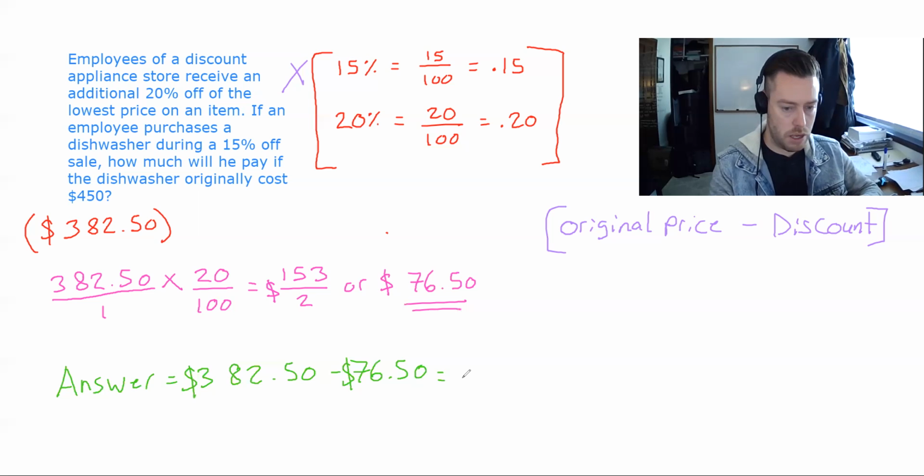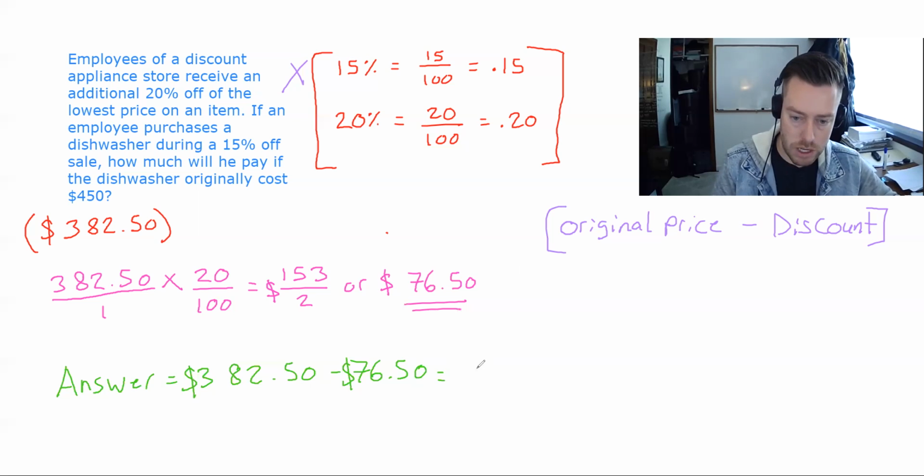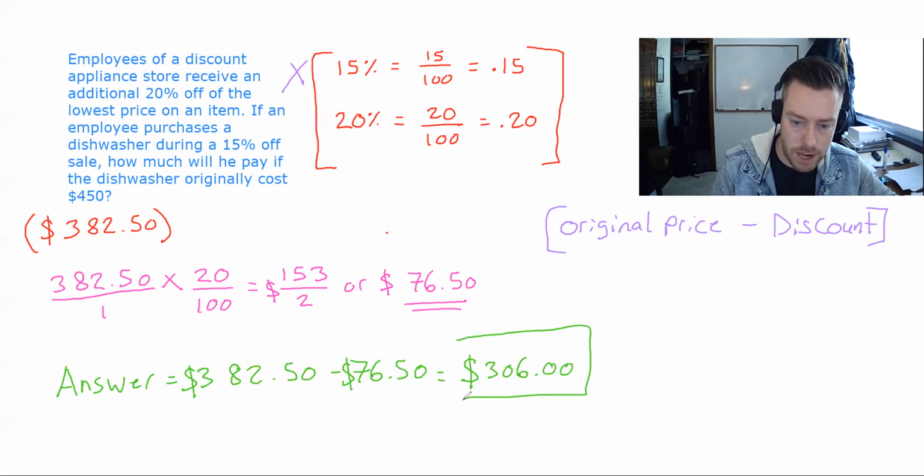And so we have 382.5 minus 76.5, which is going to be equal to $306. $306.00. This is our final answer, right? So let's check it. Let's see what everyone else says.